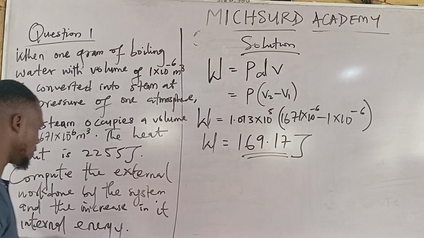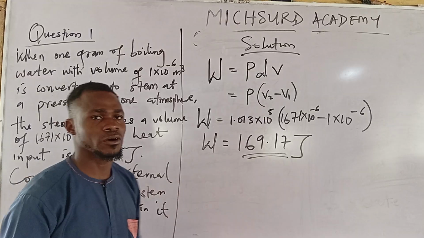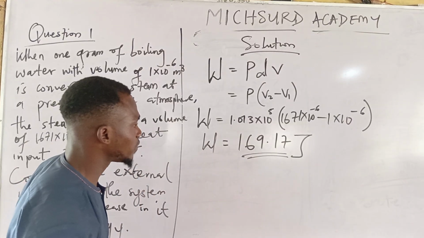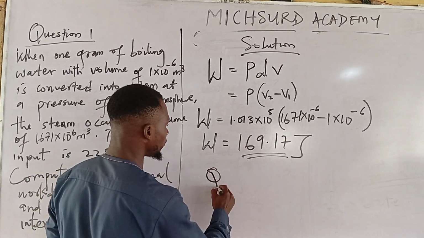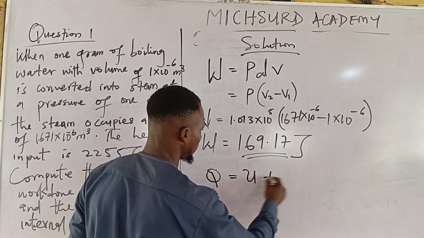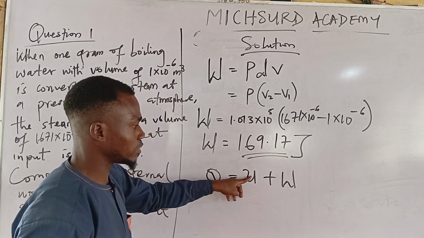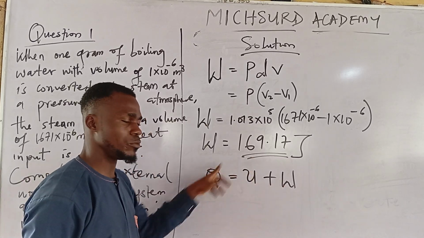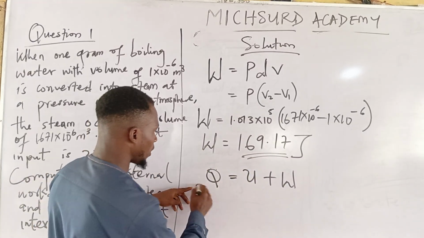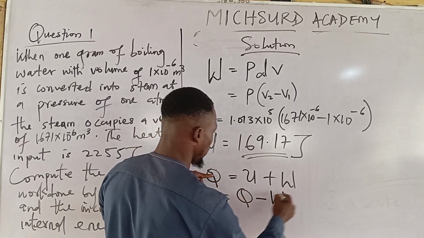Now the next question says we should find the increase in the internal energy. From our first law of thermodynamics, the quantity of heat Q is equal to the change in internal energy plus the work done. Here we are finding the internal energy, so we move the work done over, and the internal energy is Q minus the work done.